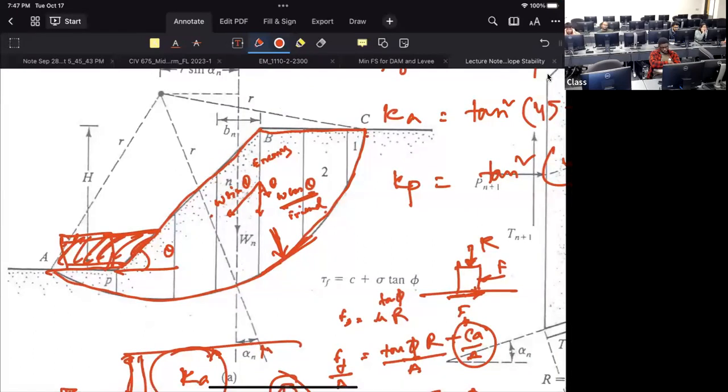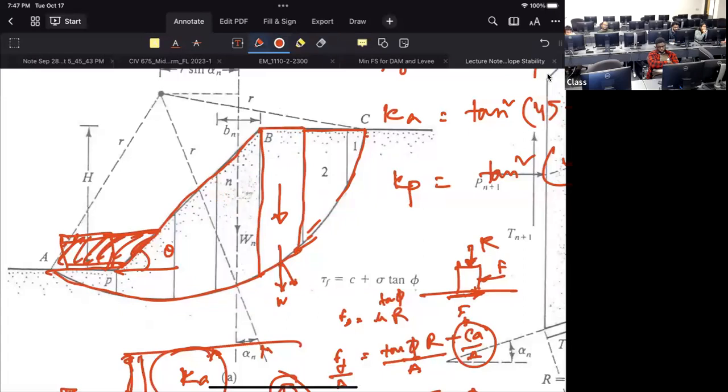Forget everything here and focus only on one slice. This is our slice. This slice has the weight W, and W will have components like this and like this.